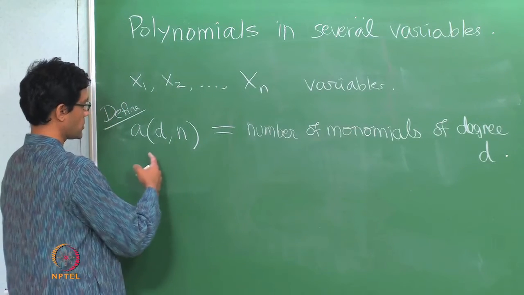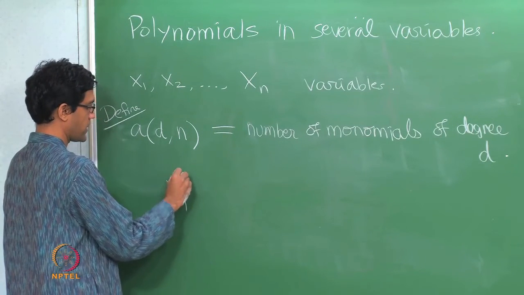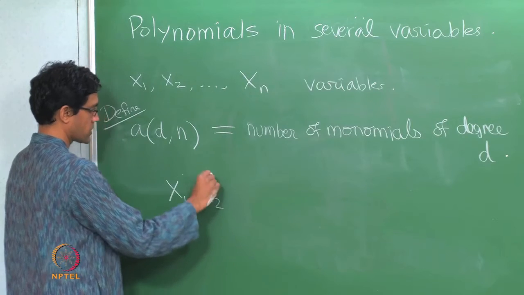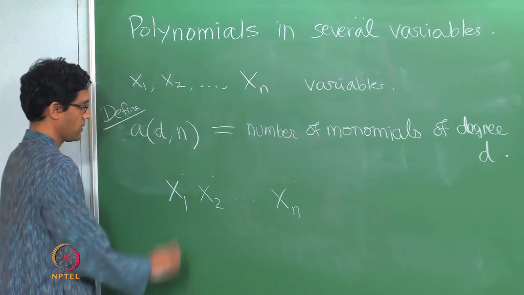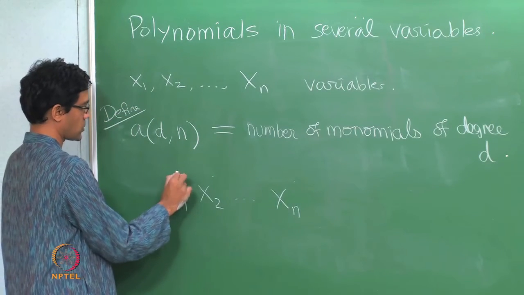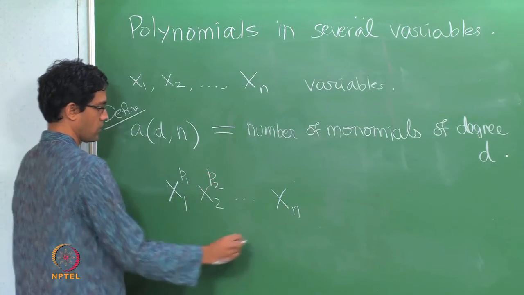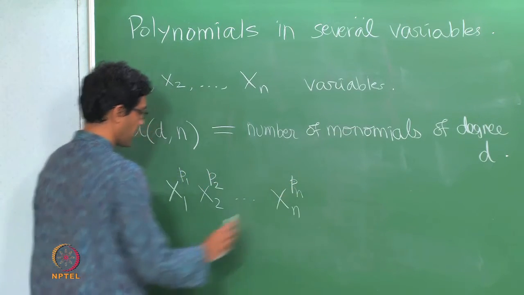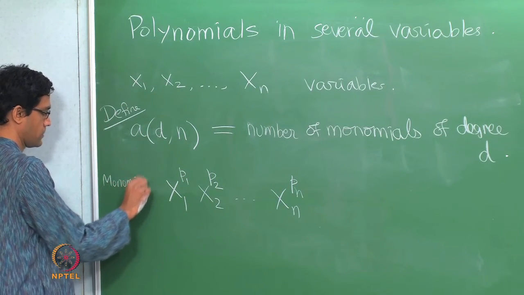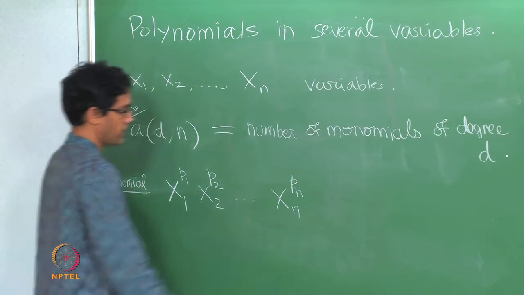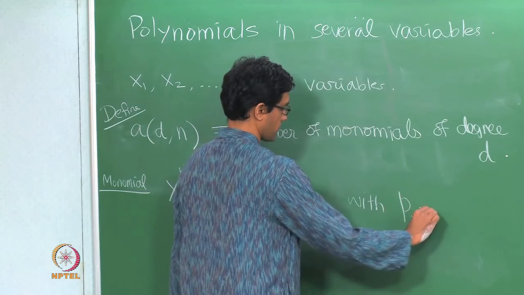Now recall what is a monomial. A monomial is something of the following form: x1 raised to some number, x2 power something, and so on till xn raised to something. Let us call these exponents p1, p2, through pn. So a typical monomial is x1 power p1, x2 power p2, xn power pn, with the pi's being non-negative integers.